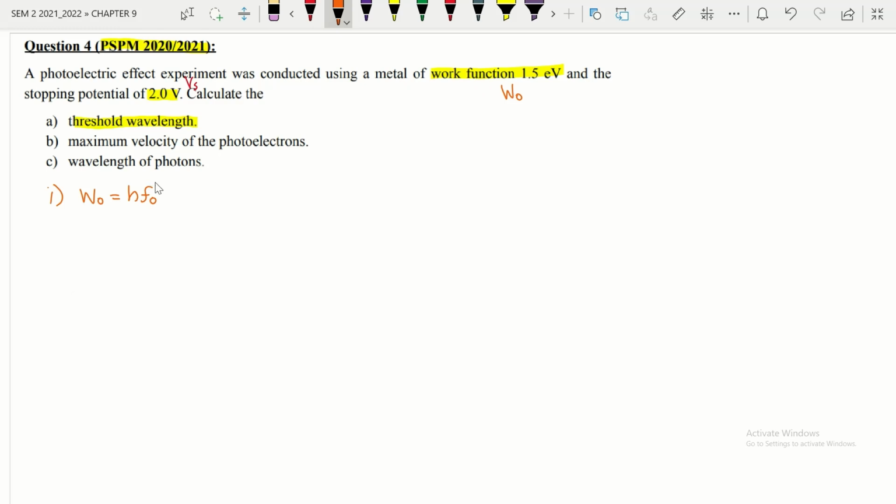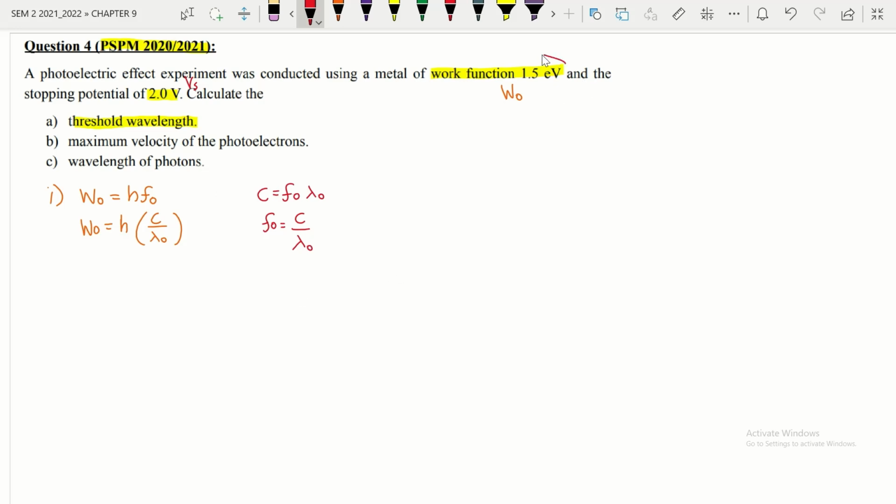But now we do not have our threshold frequency, but we can substitute our threshold frequency with c, speed of light, over threshold wavelength. Okay, so we know speed of light is equal to threshold frequency times threshold wavelength. So when I rearrange the equation, kita akan dapat threshold frequency equals to speed of light bahagi dengan threshold wavelength.